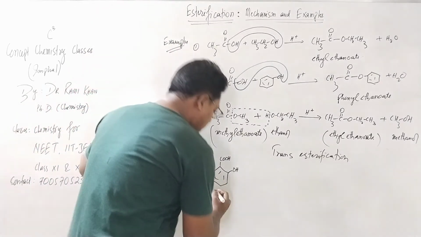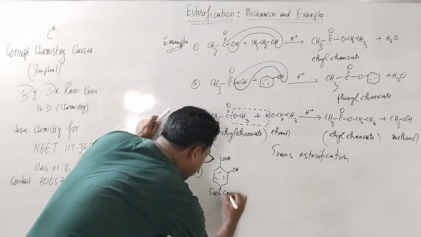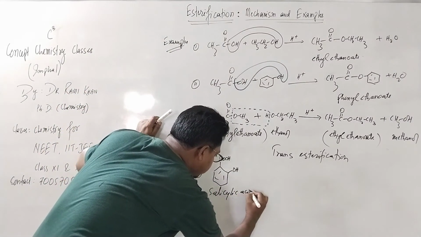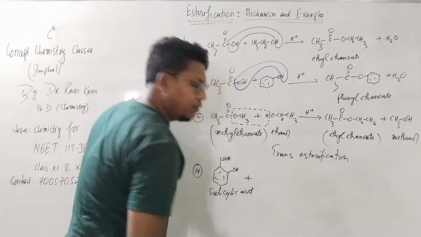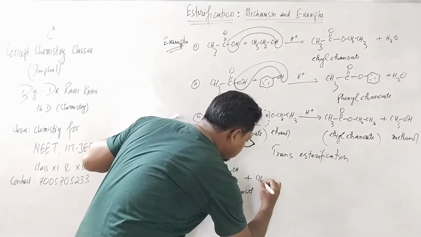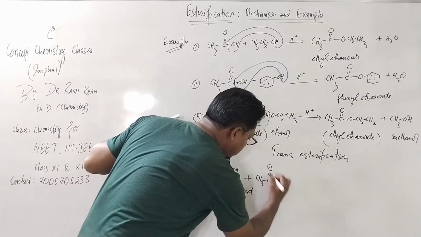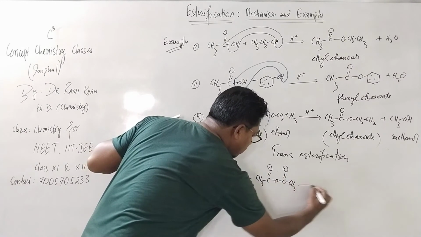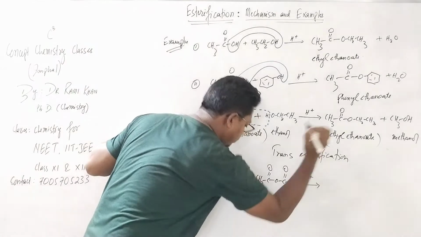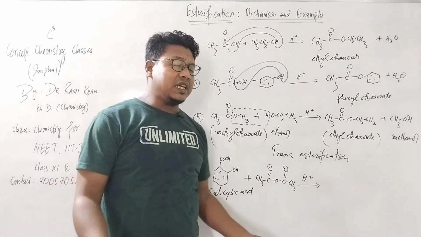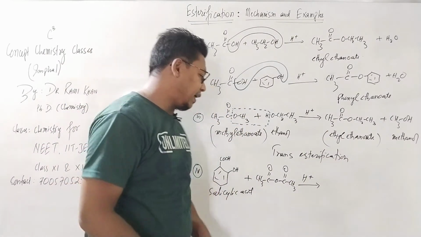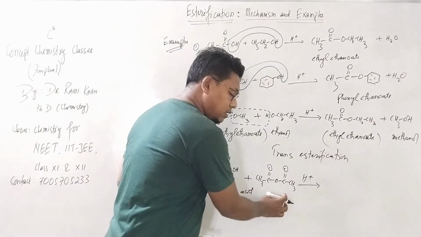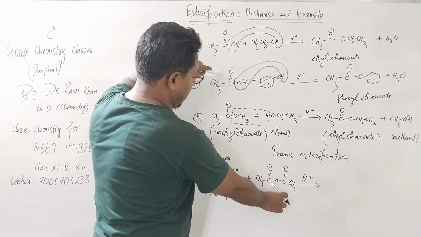Okay, salicylic acid, and this is reacted with this compound, right? This is called acetic anhydride or ethanoic anhydride, and this is taken in place of carboxylic acid.